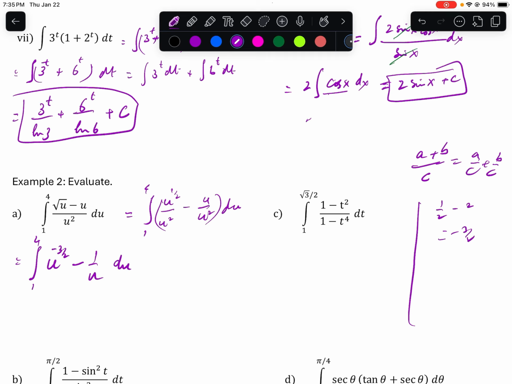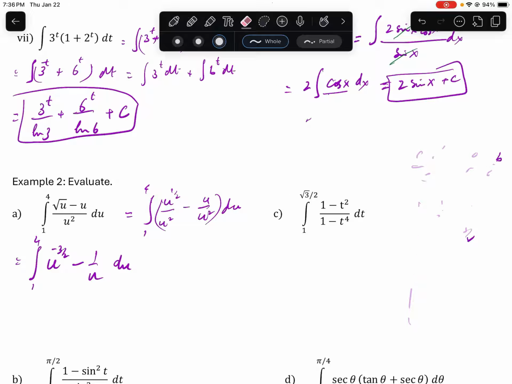Now I will do the antiderivative of this quantity, which is going to be u to the negative 1/2, because when you add 1 to negative 3/2, you end up getting negative 1/2.